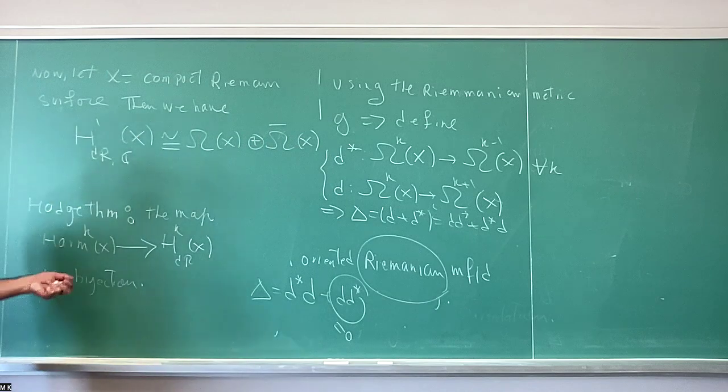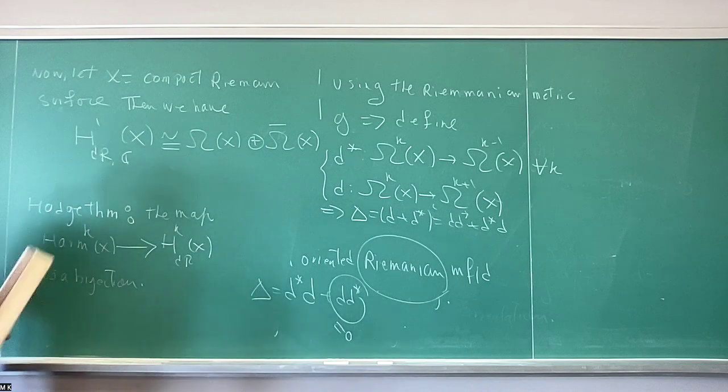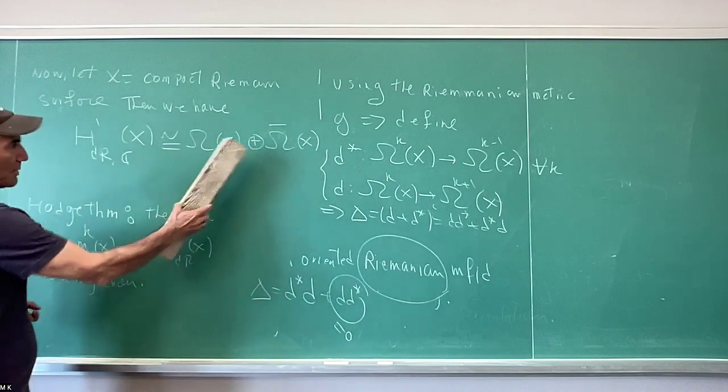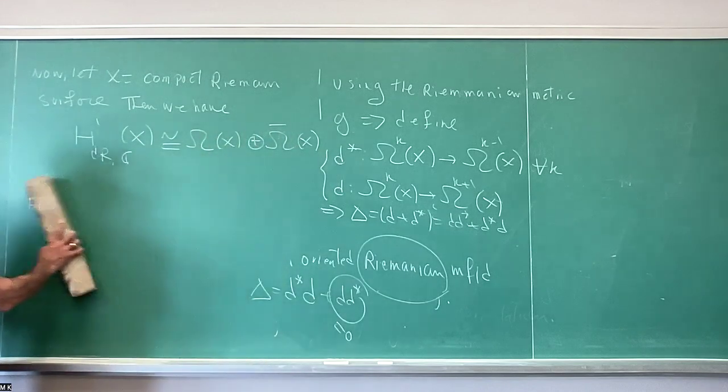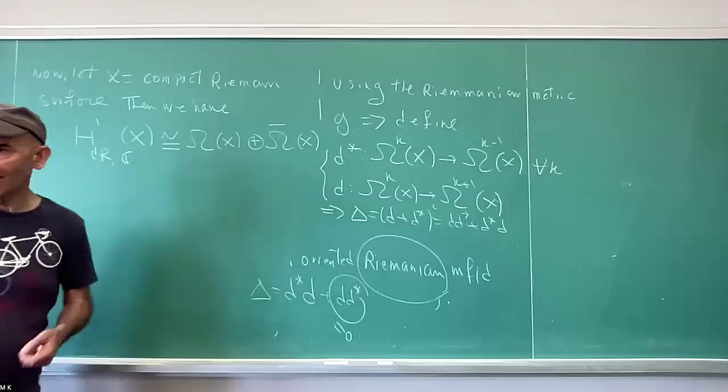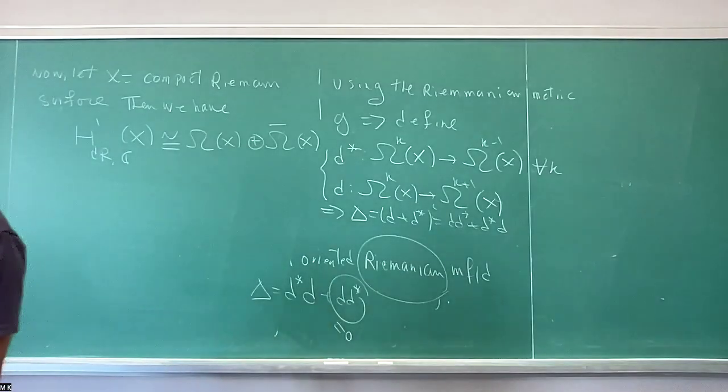Okay, I gave you a quick introduction to Hodge theory for Riemannian manifolds. But here there's still a little bit of subtlety, because if you have a Riemann surface, there is no Riemannian metric on it. It's just a complex structure.